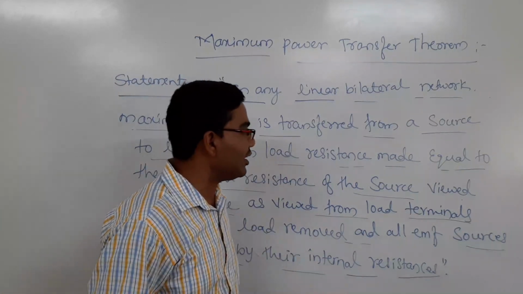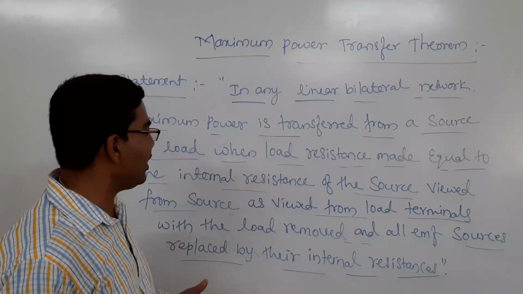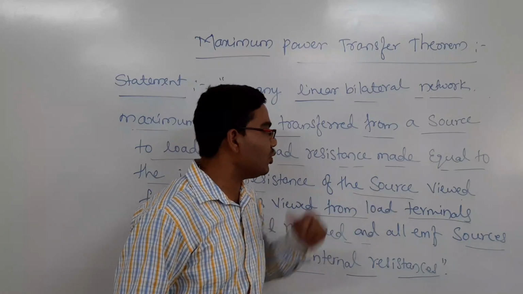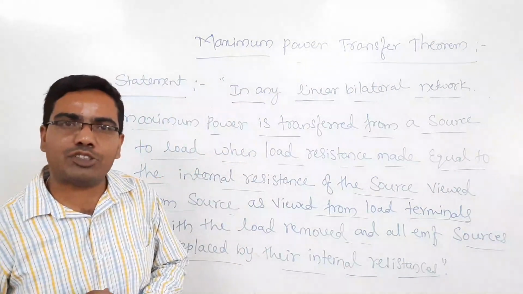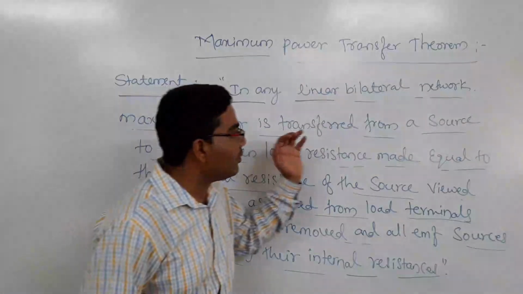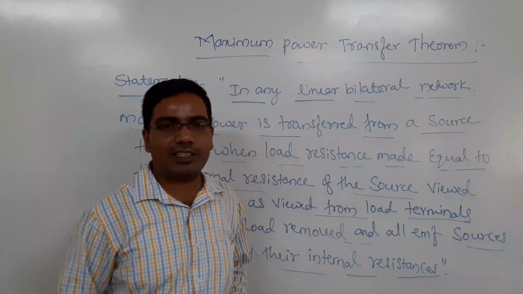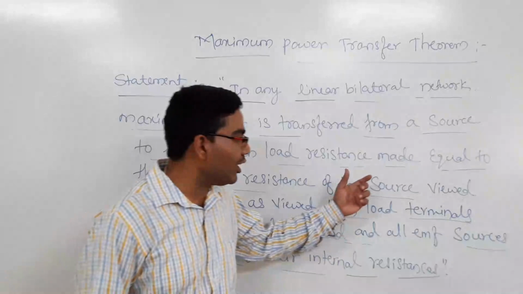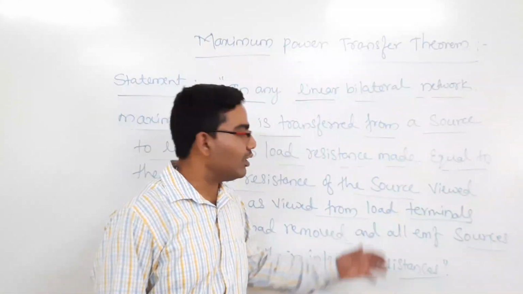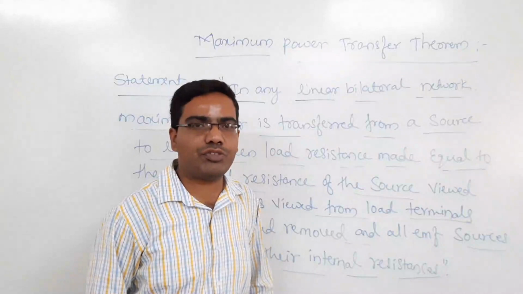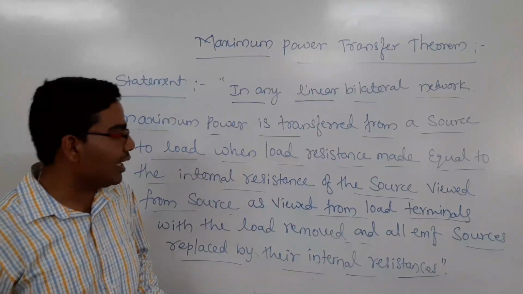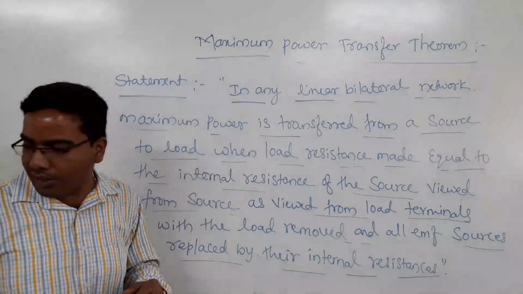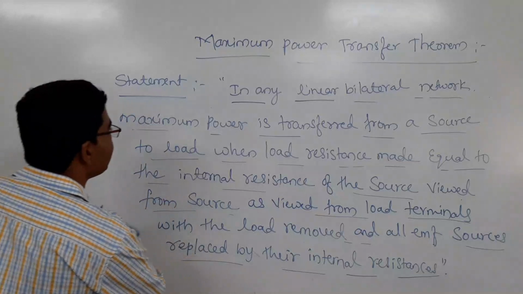When the load resistance is made equal to the internal resistance of the source, my aim is to make the load resistance equal to the internal resistance of the source. For example, an EMF source. So let me explain with an example circuit.